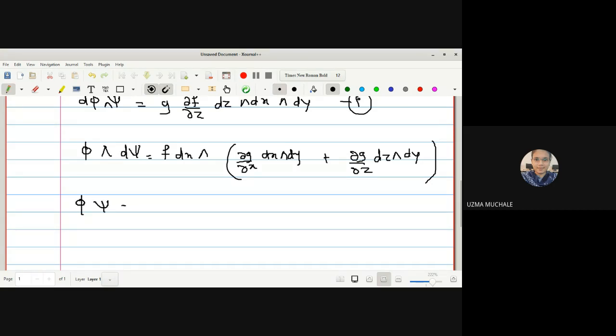Now again, f is a real valued function. I will keep it as it is outside, and if I want to evaluate this wedge product, how are you going to evaluate this one?